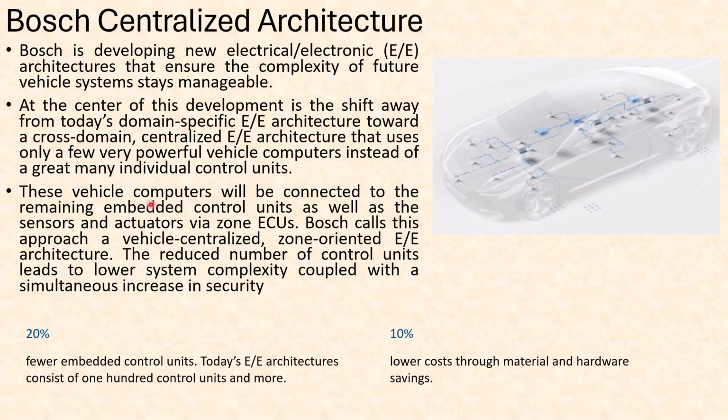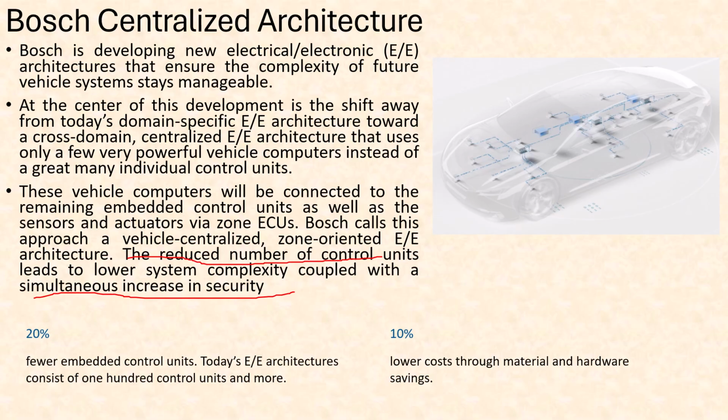Alright, and these vehicle computers will be connected to the remaining embedded control units as well as sensors and actuators via zone ECUs, and Bosch calls this approach vehicle centralized zone oriented E architecture. The reduced number of control units. Now, this sentence is extremely important. The reduced number of control units leads to lower system complexity coupled with a simultaneous increase in security.